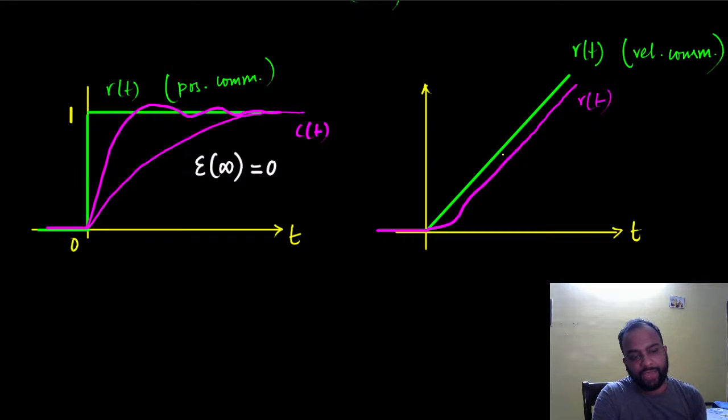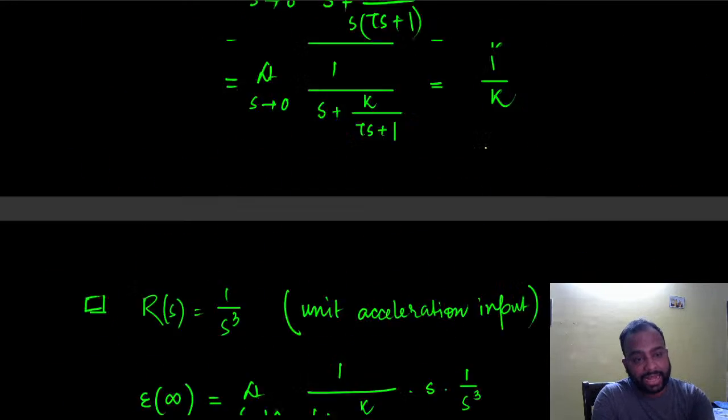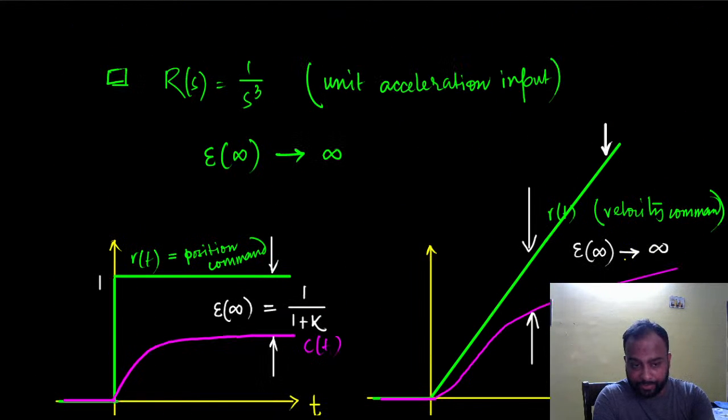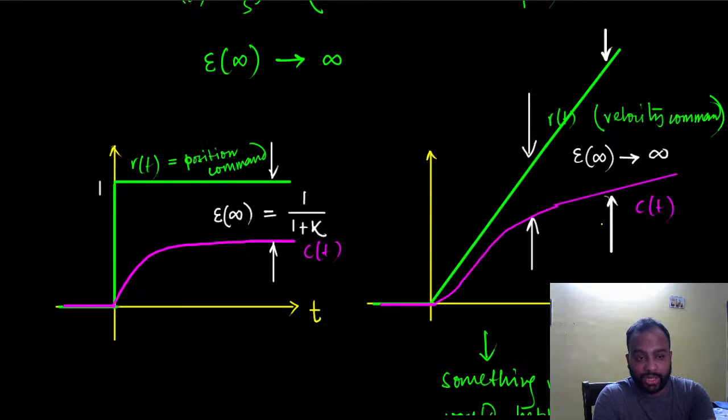Now here, if I give it a ramp input, then of course the steady state would mean that the response is having a constant slope here. But unlike the previous example where the slope was different, so the gap was increasing, so the error was increasing, and eventually when enough time elapsed, the gap would be infinity.